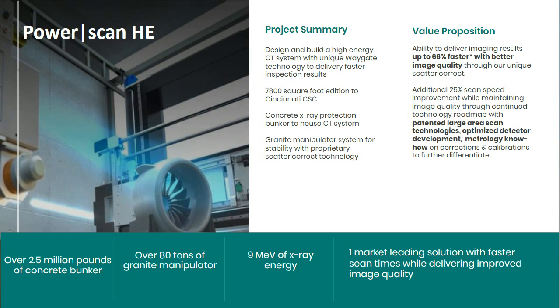I know a lot of you have been here before, but we put an entire addition on, a 7,800 square foot addition onto the 20,000 that we already had, and built this high energy bunker. It's roughly 2.5 million pounds of concrete. It has over 80 tons of granite manipulator, and the 9 MeV and the 450 kV source.